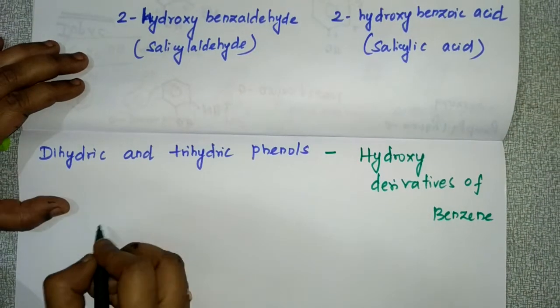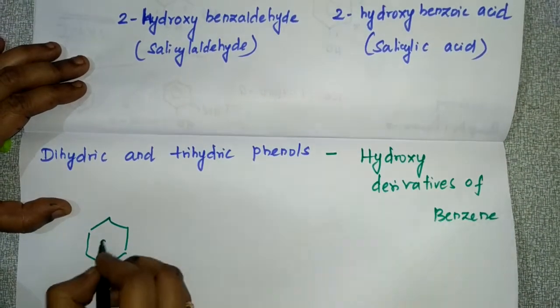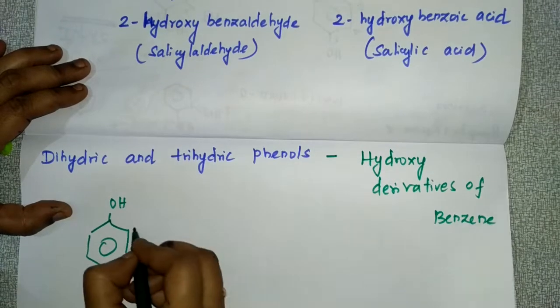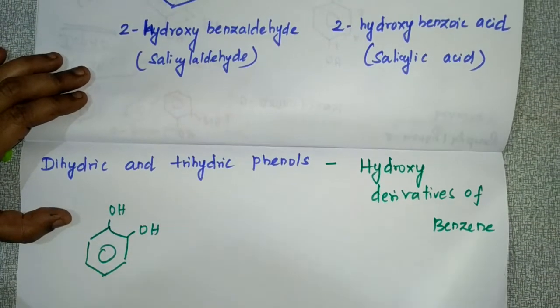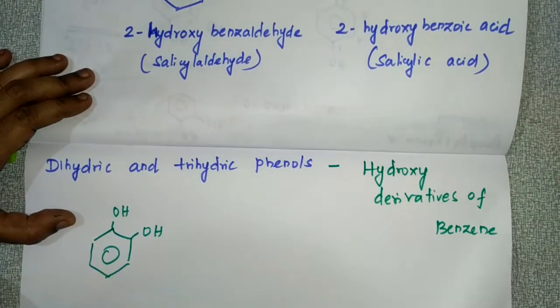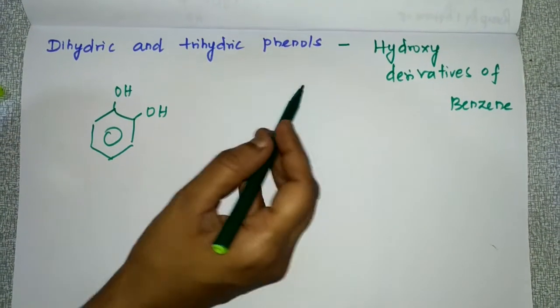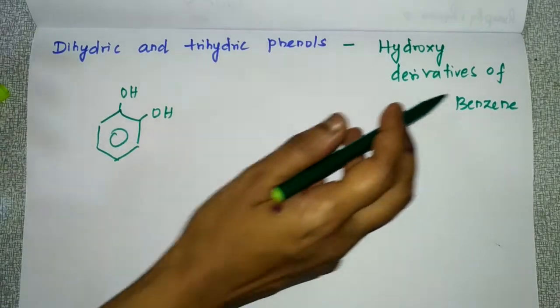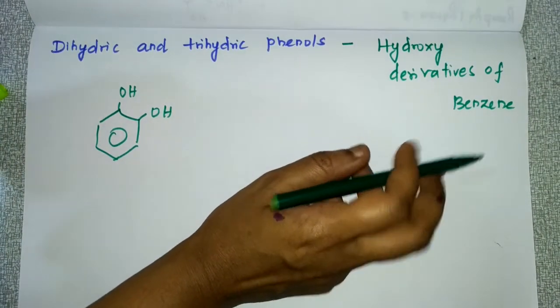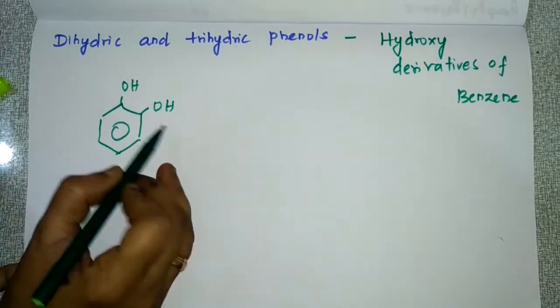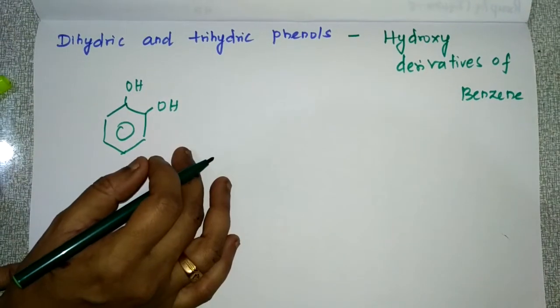It's very easy. See here, OH is here and OH is here. Okay. So if dihydric and trihydric phenols are there, you have to name them as hydroxy derivatives of benzene. See what this is, dihydric phenol. Okay.